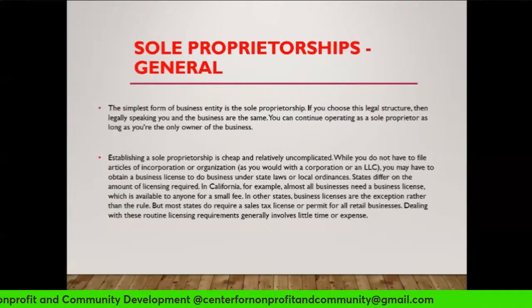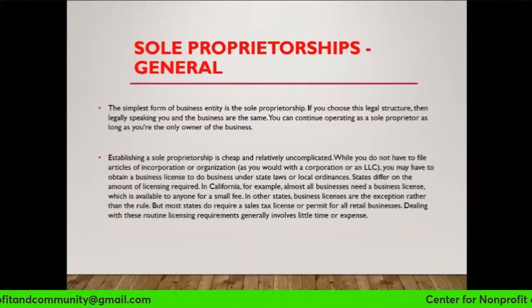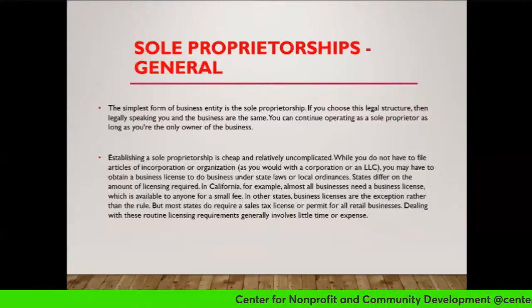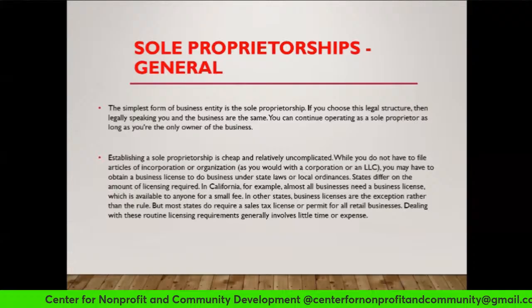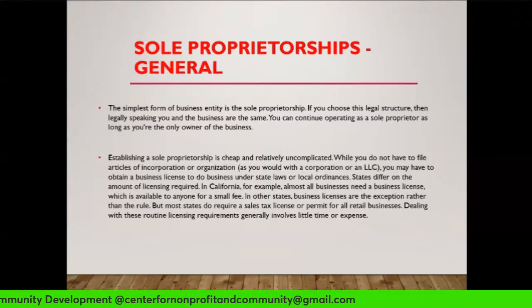So now let's talk about the different types of business entity. The first is called the sole proprietorship. This is normally the simplest form of business entity. You are the business as a sole proprietor.